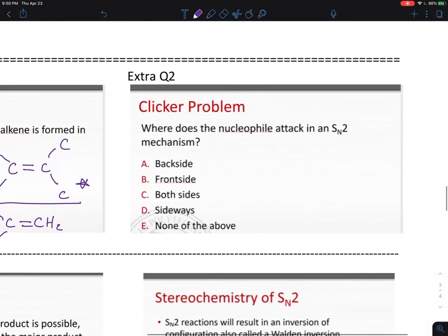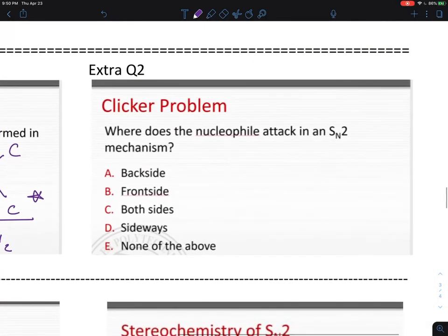This is also a slide that I like to recap. SN2 is essentially when you have a tetrahedral carbon, and let's say this is a bromine, this is a hydrogen, and this is a methyl, and this is a methyl.